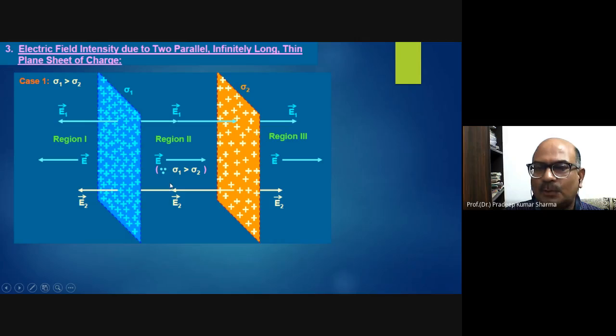But because sigma 1 is greater than sigma 2, the net electric field E in region 2 will be from blue to orange. For region 3, it will be away on the right hand side, and for region 1, it will be away on the left hand side.